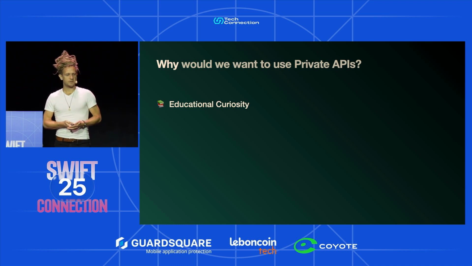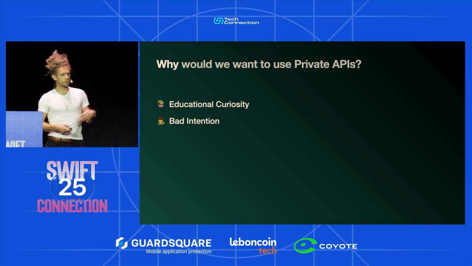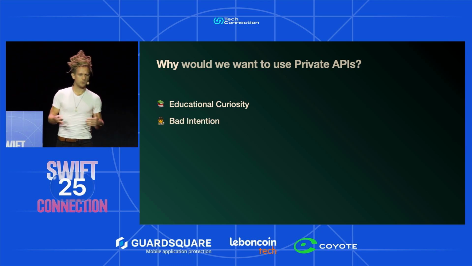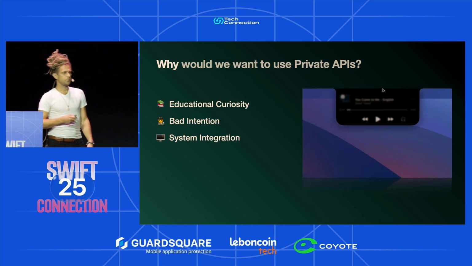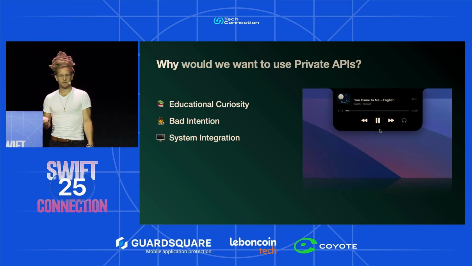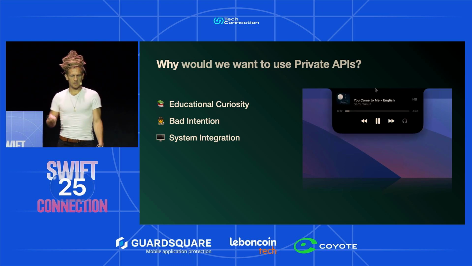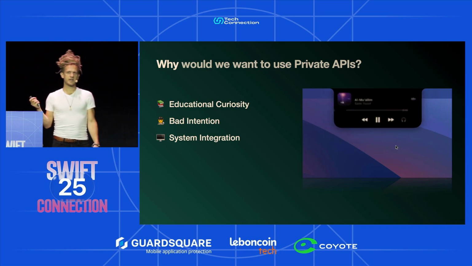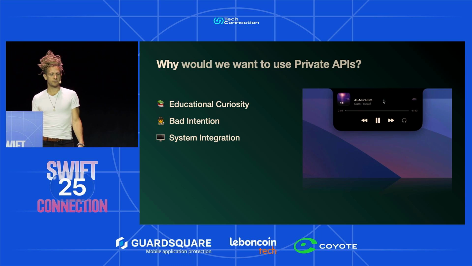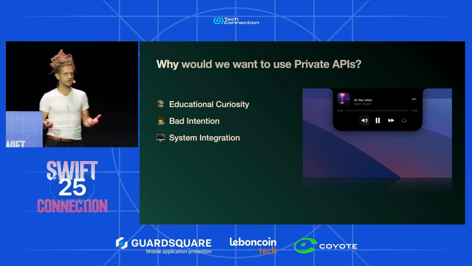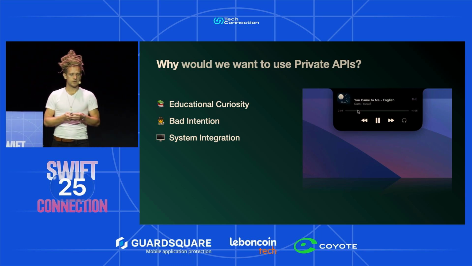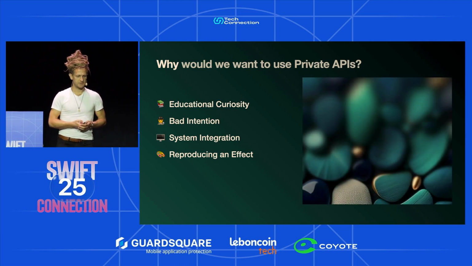And yes, we call it educational curiosity. And maybe the talk before showed you that you may also use that for bad stuff. But there are some legit reasons you may want to use private APIs. This is Alcove, an app that takes the Dynamic Island from the iPhone and brings it to the Mac. And of course, you need some stuff that is not public to integrate that deeply with the system.